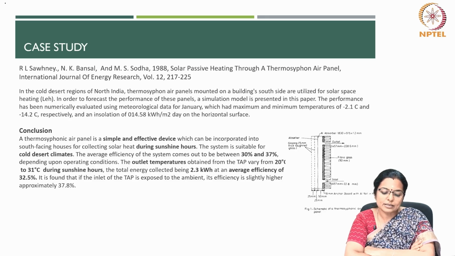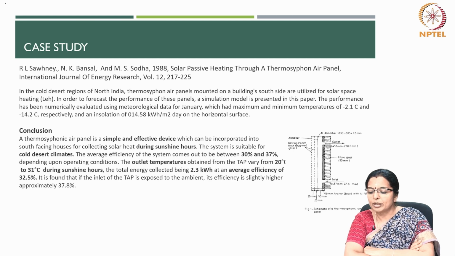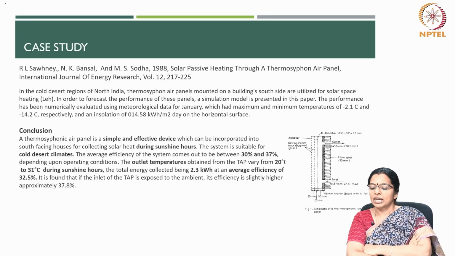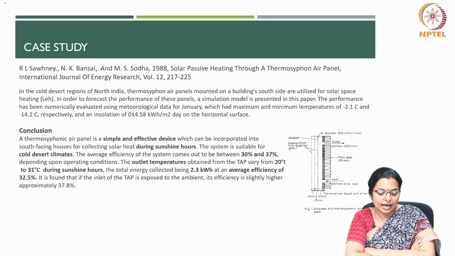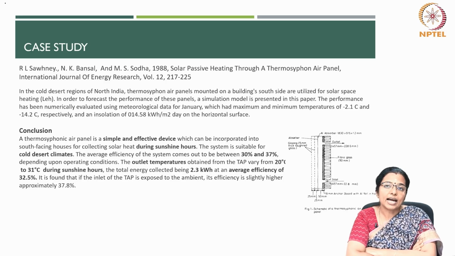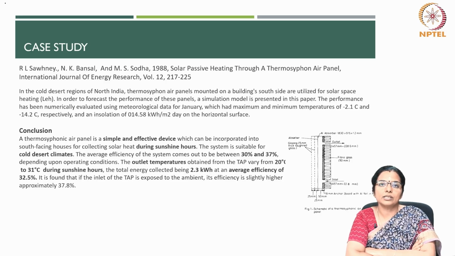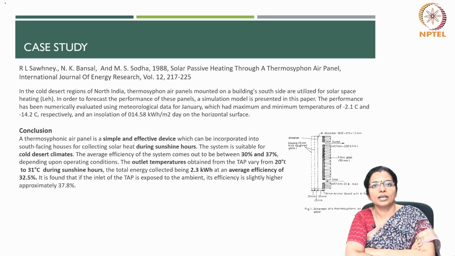The performance has been numerically evaluated, which has maximum and minimum temperature of minus 2.1 degrees centigrade to minus 14.2 degrees centigrade respectively. The study showed that a thermosiphonic air panel is a simple and effective device that can be incorporated into the south-facing houses for collecting solar heat during sunshine hours.